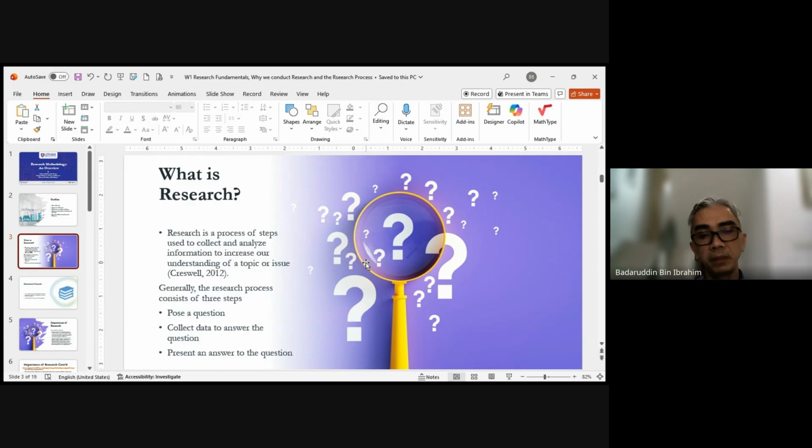The third one, which most students use, especially at postgraduate and PhD level, is mixed method, a combination of the quantitative and qualitative approaches. So the process of collecting the data is considered one big process of research.